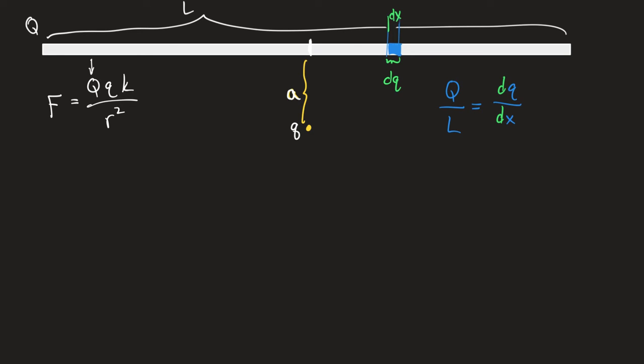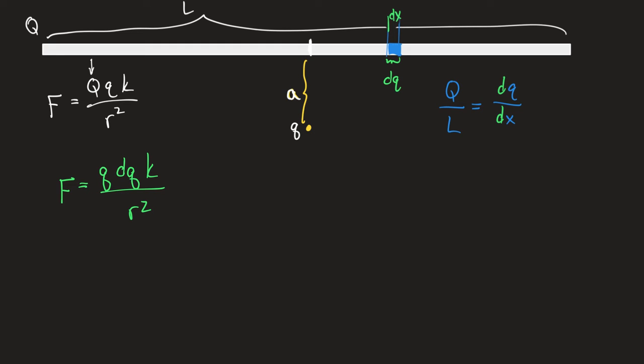This piece of charge, dq, acts just like a charge. Therefore, I can begin to flesh out a force expression, replacing the big Q with just a piece, dq. Because we can't talk about what the whole bar does at once. We can only talk about what a piece of the bar does at once.